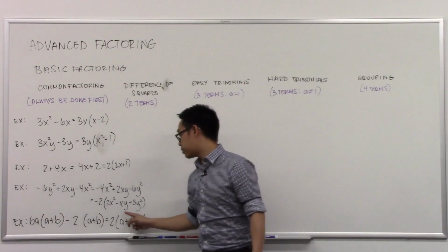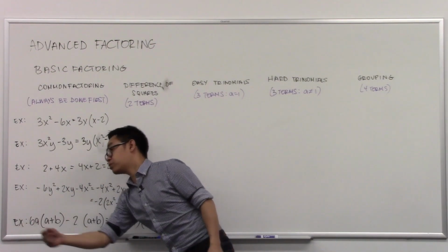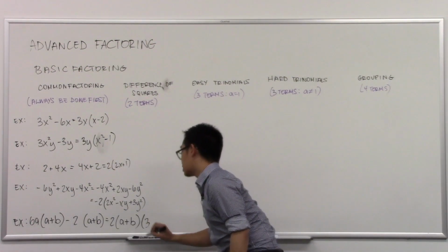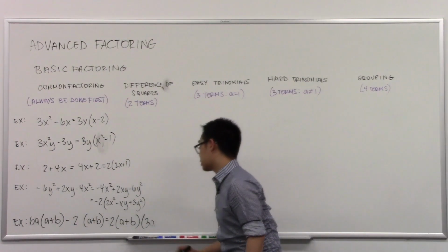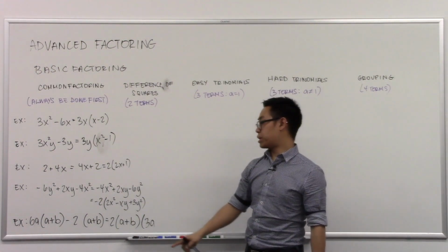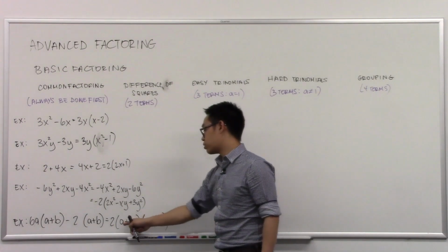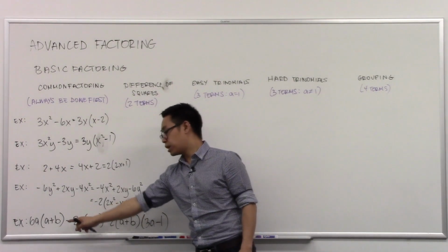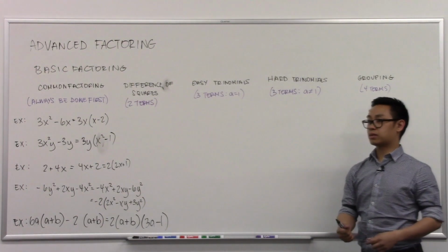So this divided by this, you took, from this term, you took out a 2, so you're left with 3. You took out an a plus b, so you're left with an a. From here, yeah, minus 1. You took out a 2(a plus b), but you cannot leave it blank. It's got to be minus 1. That is how to factor that.